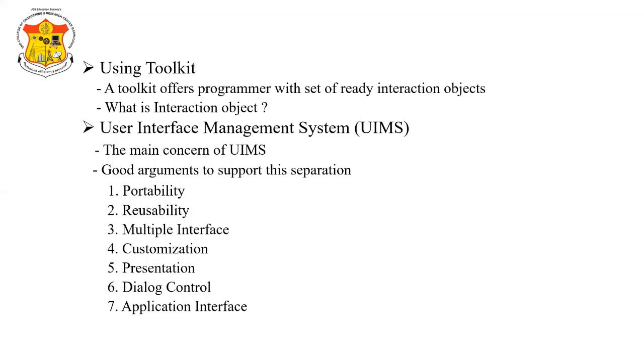The Java toolkit for developing windowing applications is called the Abstract Windowing Toolkit, that is AWT. It maps interface objects such as buttons, menus, and dialog boxes onto corresponding Java classes.